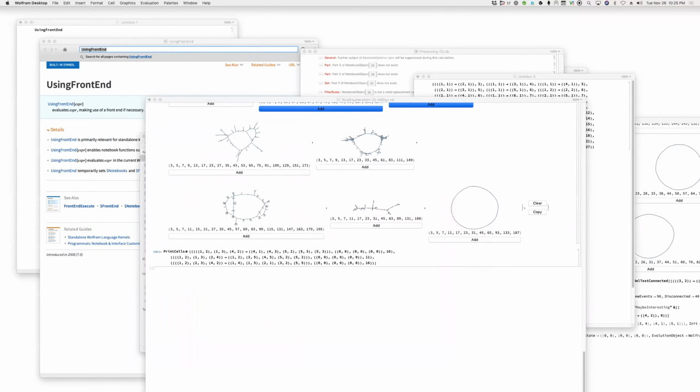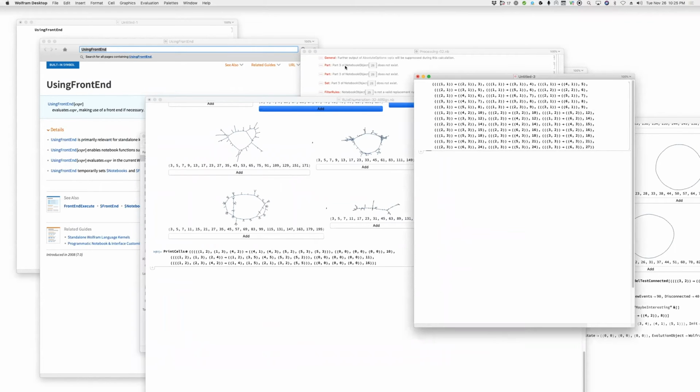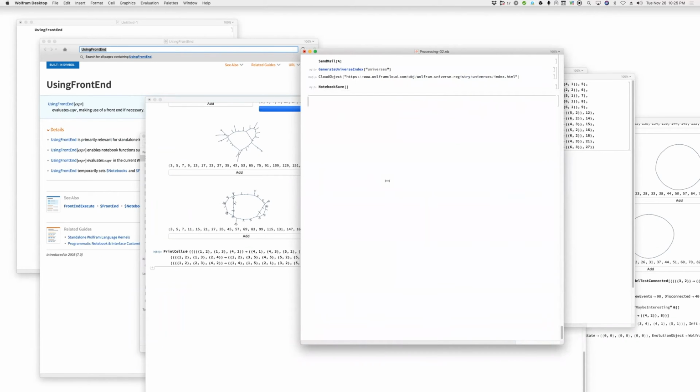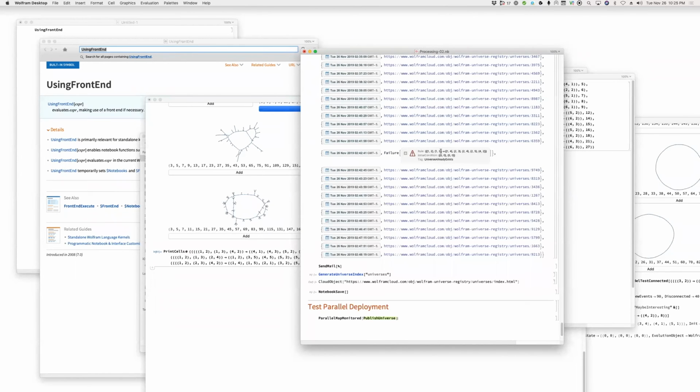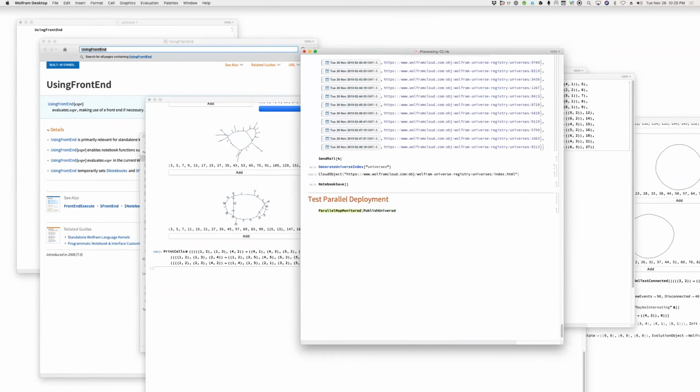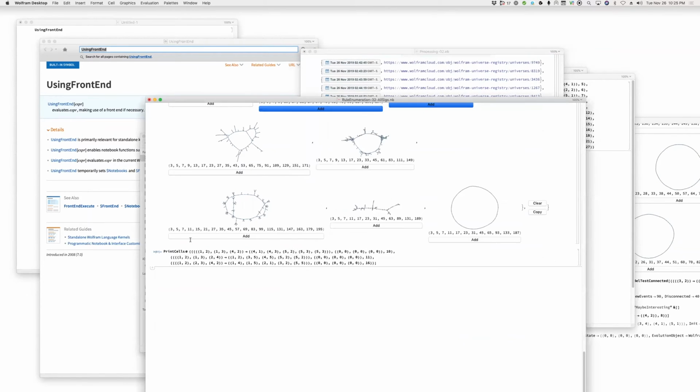Okay. All right. Parallel map monitored. Publish universe. And I think I just map that over this.